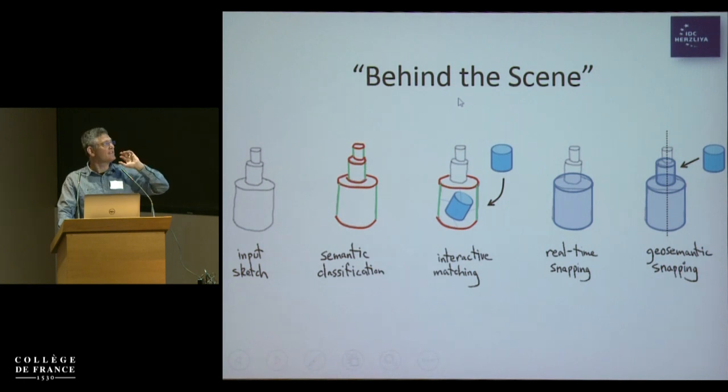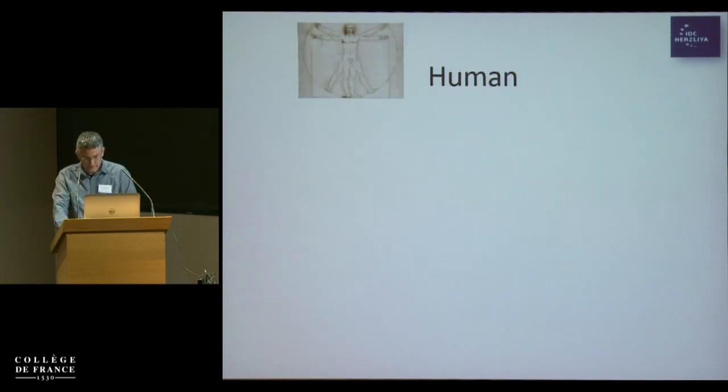And behind the scenes, the computer basically snaps them to fit the specific sketch, but also tries to preserve what we call geosemantic snapping, so geometric semantic relations between those different objects.